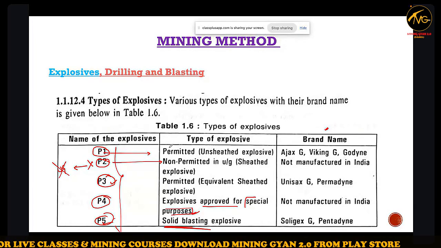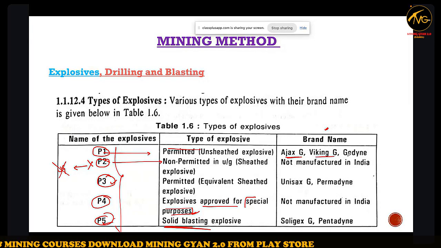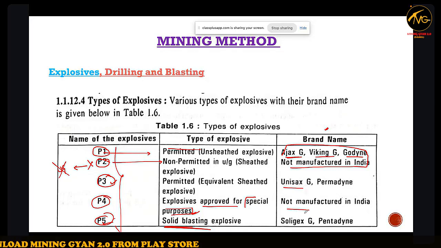ओके, P1 में जैसे परमिटेड है, इनमें कंपनी कौन कौन सी? एजेक्स, विकिंग, नॉट मैन्युफैक्चरिंग इन इंडिया. तो अगर ये तुमसे याद होते हैं तो P4 इंडिया में मैन्युफैक्चर नहीं होता है, P1 इज आल्सो नॉट मैन्युफैक्चरिंग इन इंडिया. P5 के एग्जांपल ये है और P3 के एग्जांपल ये.